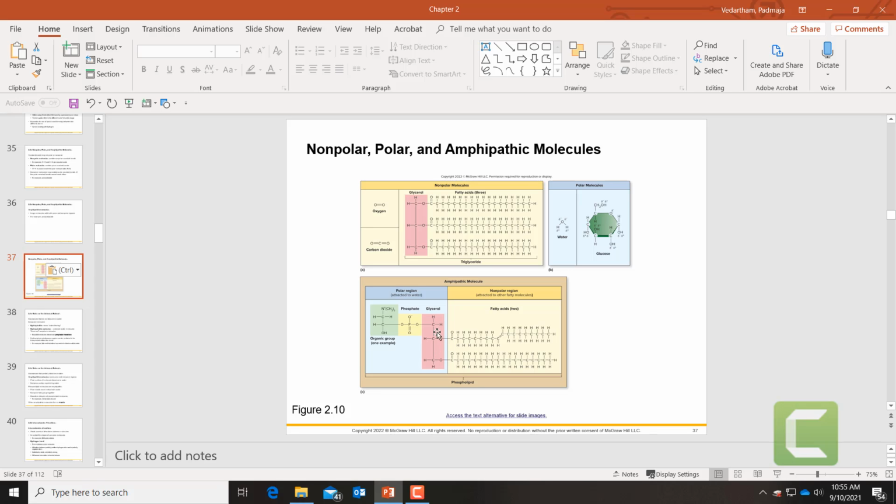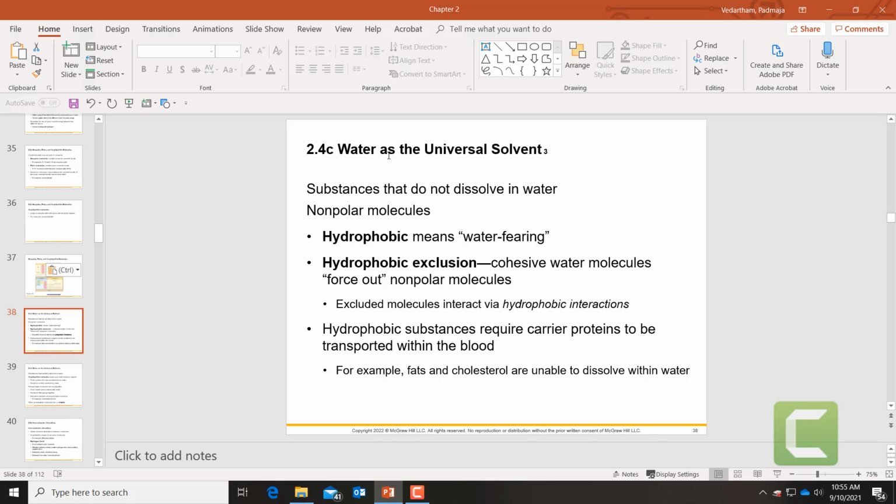This 3-carbon compound is called glycerol, and it has 2 fatty acid chains which are in completely opposite orientation to the phosphate, because the phosphate is negatively charged and hydrophilic, while the tails are repelled by water. So this is an example of an amphipathic molecule.